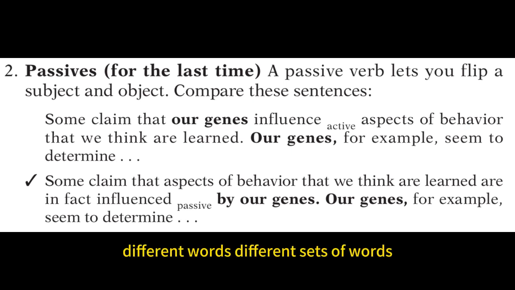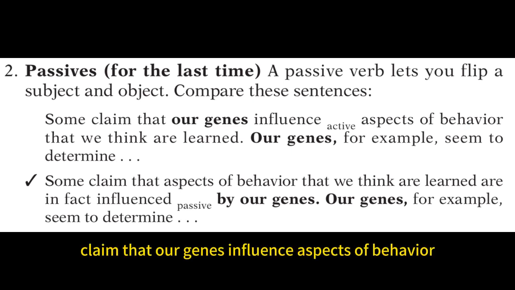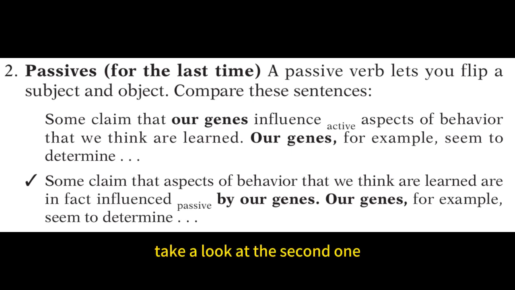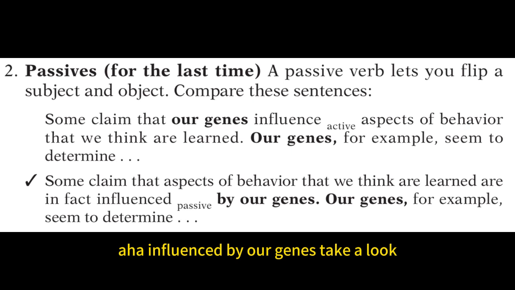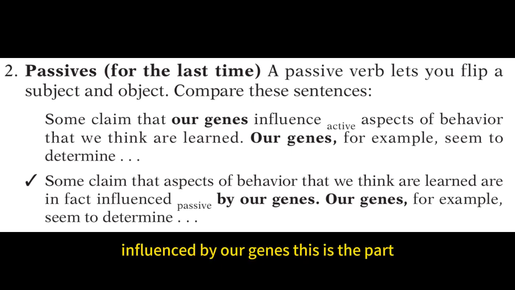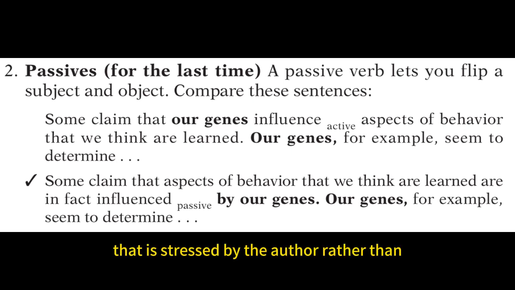For example, the first one, claim that our genes influence aspects of behavior. Our genes, for example, seem to determine. Take a look at the second one. Influenced by our genes. By our genes. This is the part that is stressed by the author.